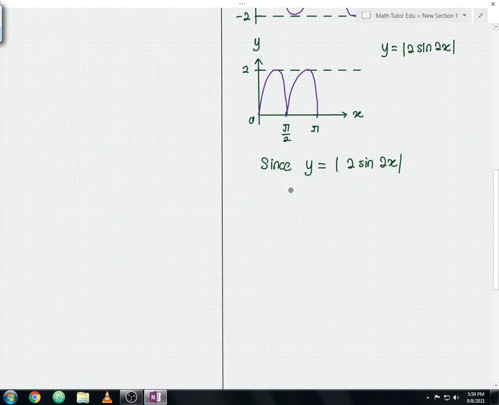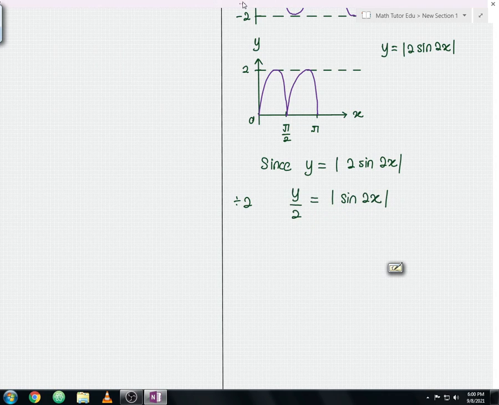You divide the whole equation by 2. So from here you get y over 2 is equals to modulus sine 2x. So this will be your first equation. Let me label this as equation number 1.